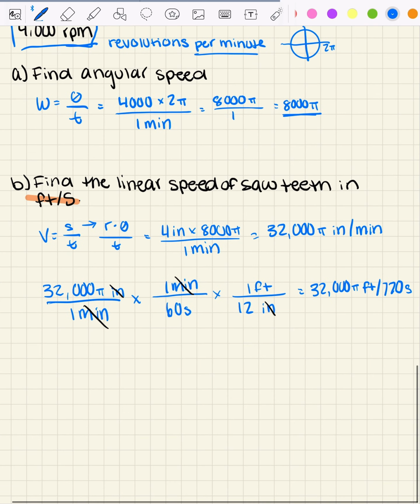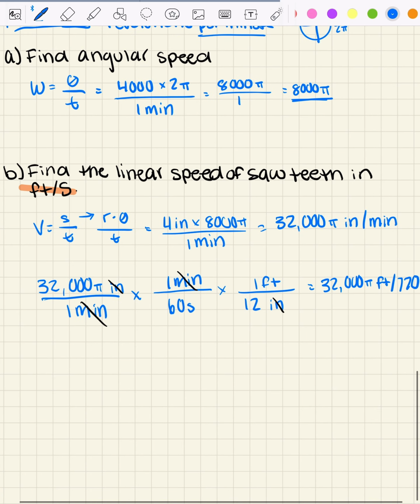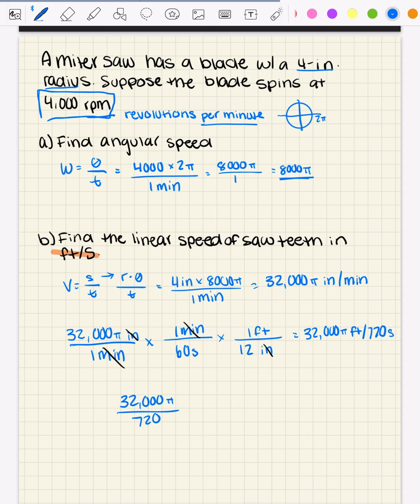So, in theory, you could divide 32,000 pi over 720, but your answer is going to be a decimal. So, Cengage does not require you to simplify. So you can just keep your answer as 32,000 pi over 720. The reason why we don't put it into decimals is because the question does not indicate that we need to round to a certain amount of decimal places.